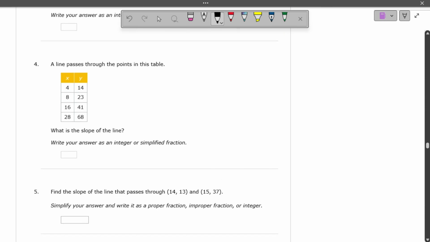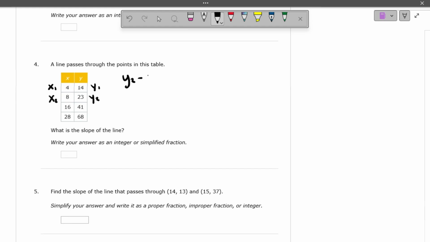Another slope question, what is the slope of the line? And we've got points that are on this line. So once again, let us label x1, y1, x2, and y2. So our slope formula, y2 minus y1 over x2 minus x1, is equal to 23 minus 14 over 8 minus 4.